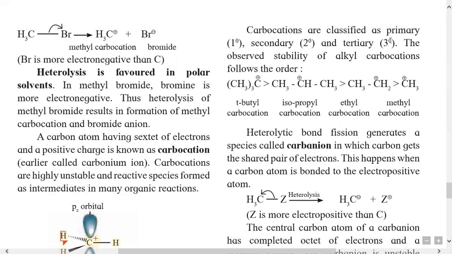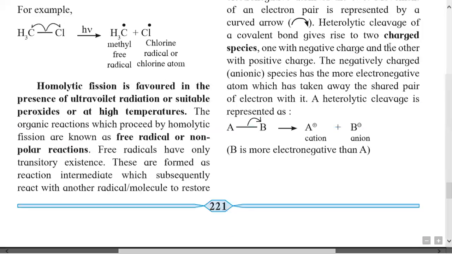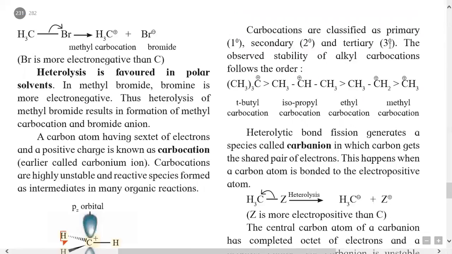They are denoted as 1-degree carbocation, 2-degree carbocation, 3-degree carbocation, and their stabilities are similar to free radicals. Tertiary is more stable than secondary, more stable than primary, more stable than methyl. The same order of stability is observed here.